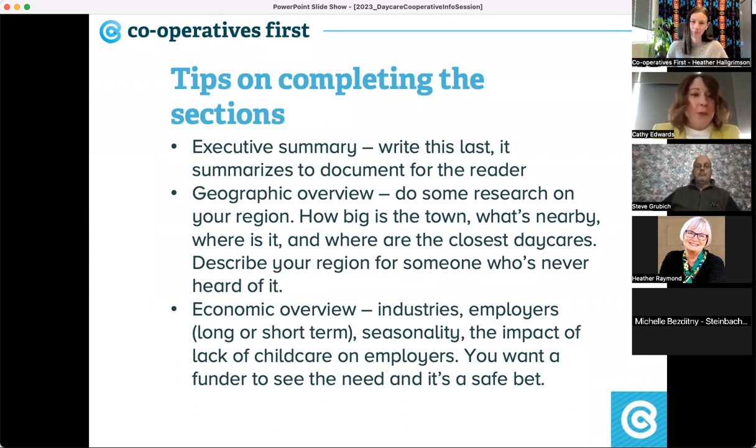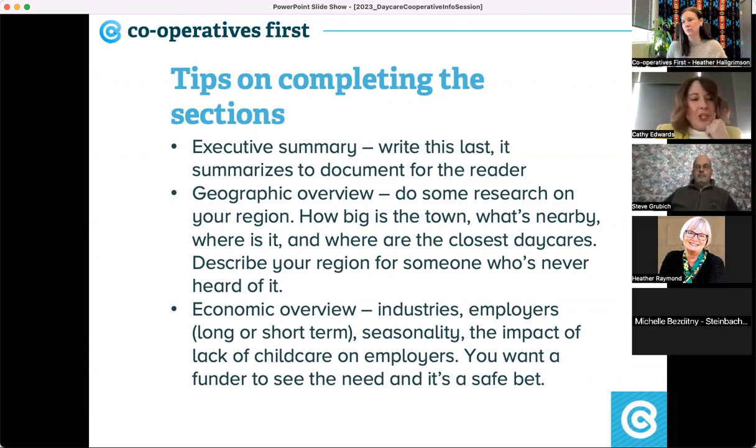For example, in Maple Creek, when we were putting their documentation together to submit for the grants, we screen grabbed the government's website and showed that within a 50-kilometer radius of Maple Creek, there was no licensed childcare. That was really indicative of the community need. So you'll want to describe the region, the population base, and where the closest licensed facilities are.